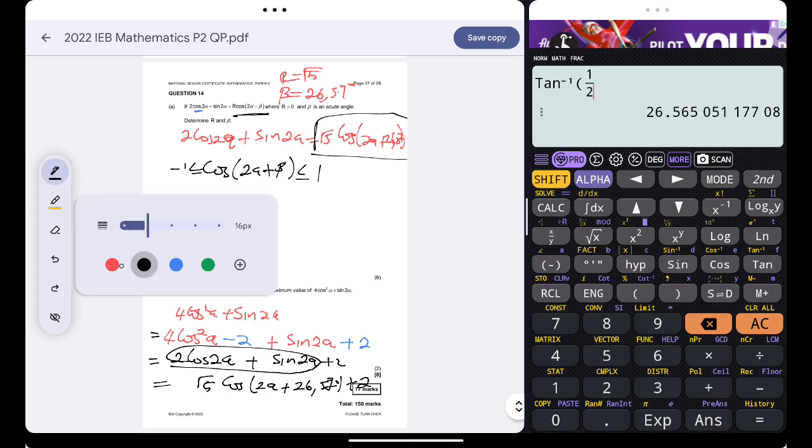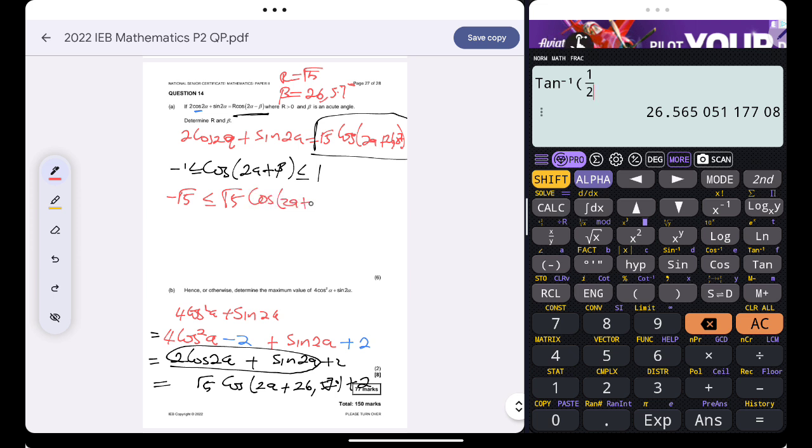I can multiply each and every term by the square root of 5, and then I'll have negative square root of 5, and I'll also have the square root of 5 here. But in this case, there's a 2 added. That means whenever I want to add 2 inside, I must add it on the other side as well. So I'll have 2 minus the square root of 5.